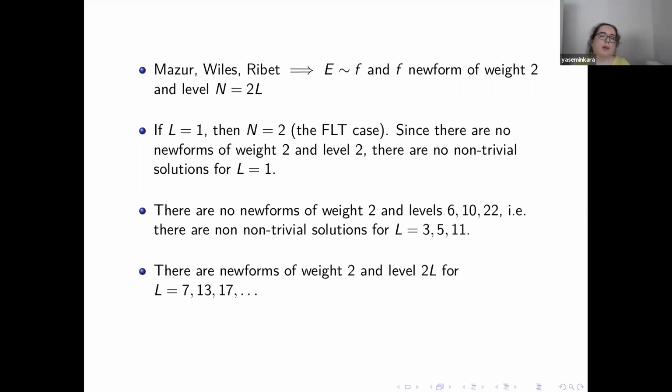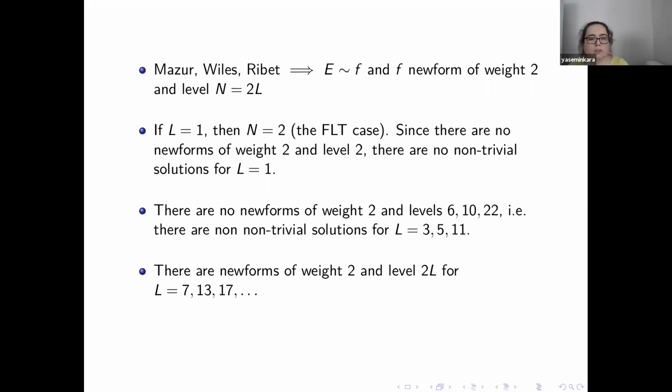Remember, in the Fermat's last theorem case, since L is 1, you attach to your elliptic curve any form of weight 2 and level 2. This time it is 2L. So the L equals 1 case is Fermat's last theorem case. And there we concluded that there are no forms of weight 2 and level 2. So that means there are actually no non-trivial solutions.